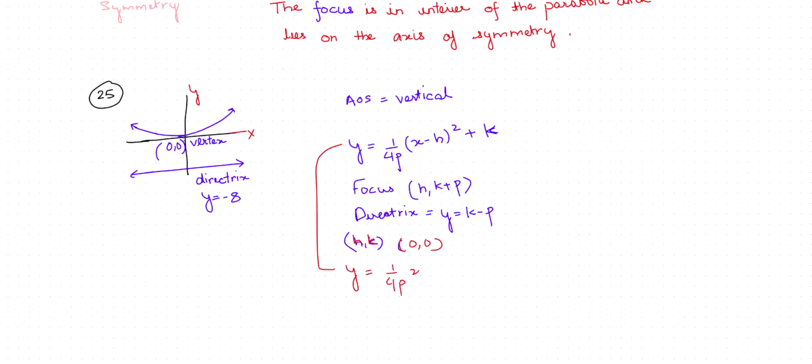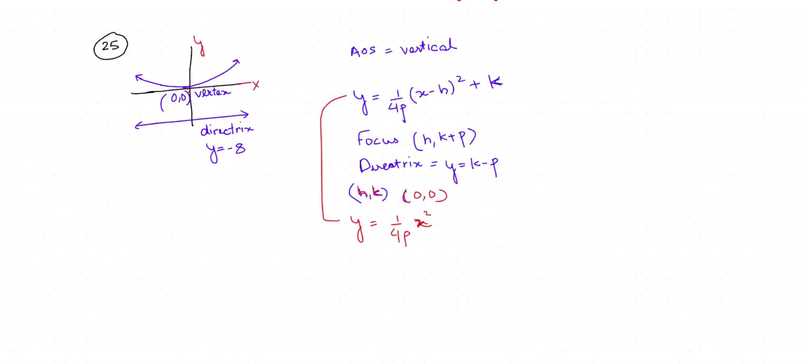Now, let's find the value of p, because all we have to know is the value of p. So the directrix is k minus p, and in this case it is 0 minus p, because k is 0. So y equals minus p, which is equal to minus 8, as given.